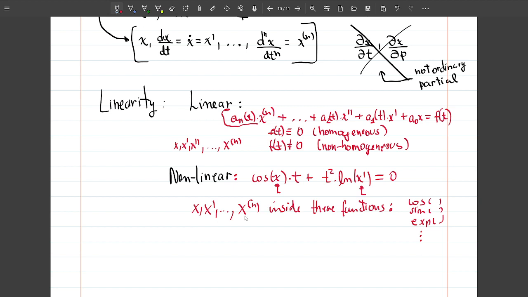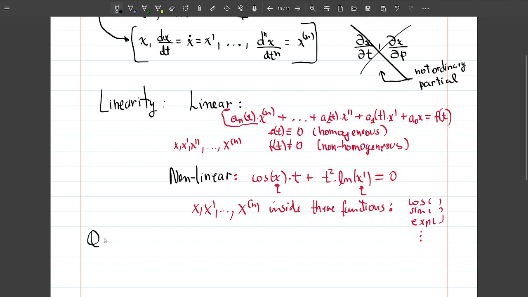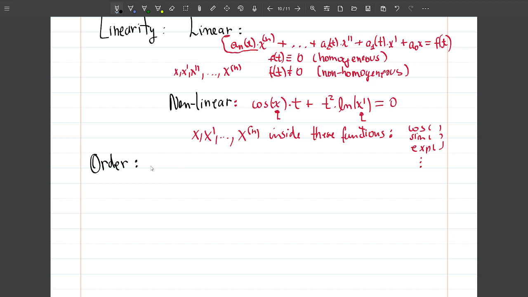Another thing that is important to say is about the order of the differential equation. The order of the differential equation is the greatest degree of derivative.